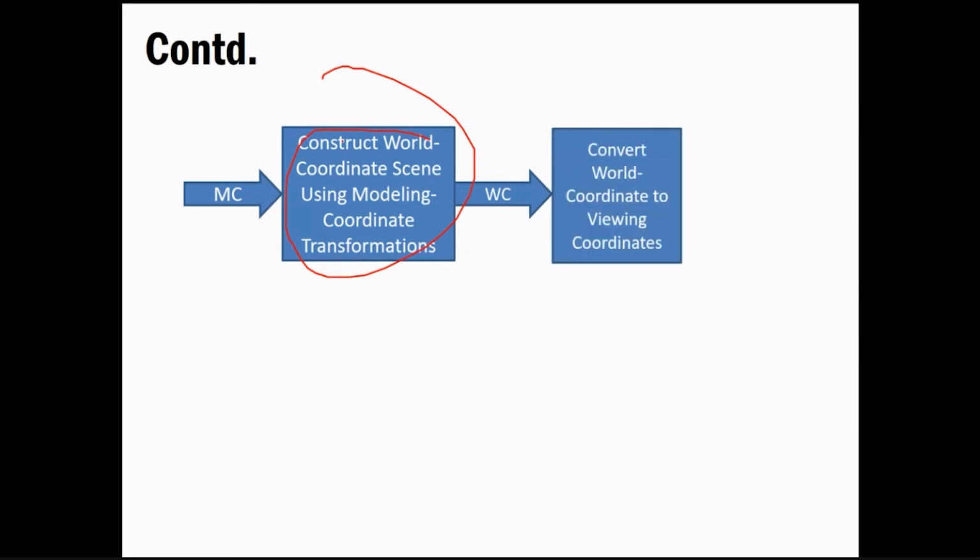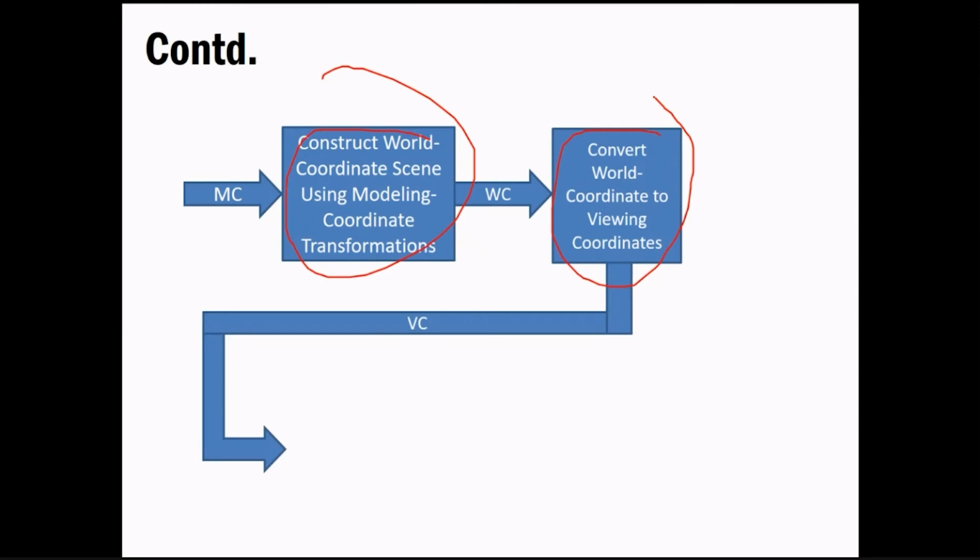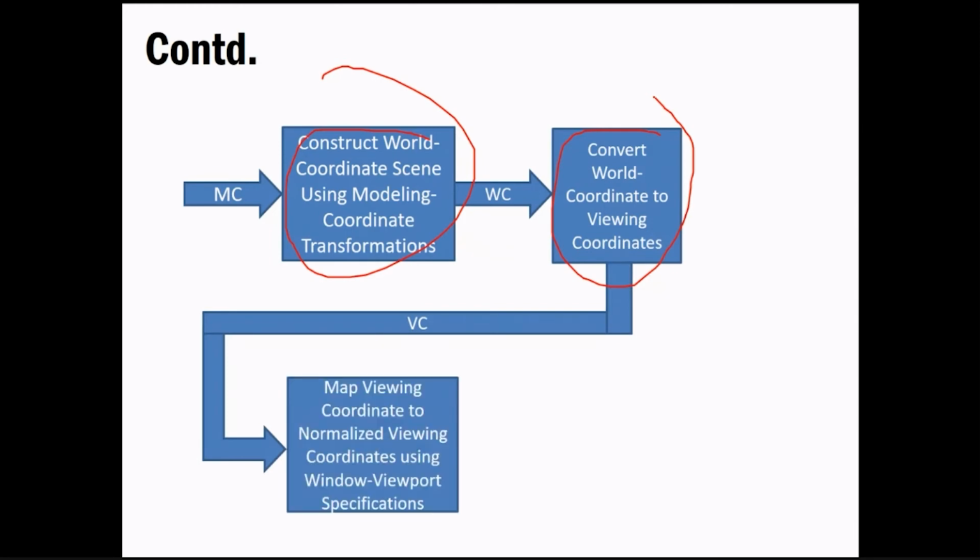Then we have the world coordinate to viewing coordinate step. Now we are trying to convert the world coordinates into the viewing coordinates, which means this is to be mapped to things that we can view on the display device. Then we map the viewing coordinates to the normalized viewing coordinates using the window viewport specification.